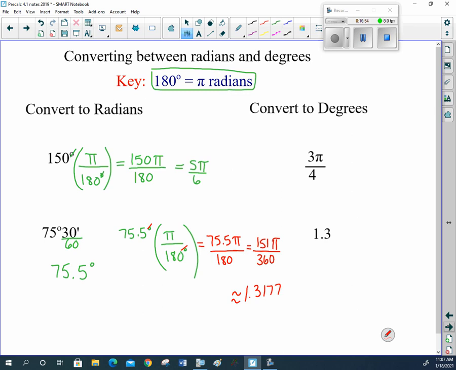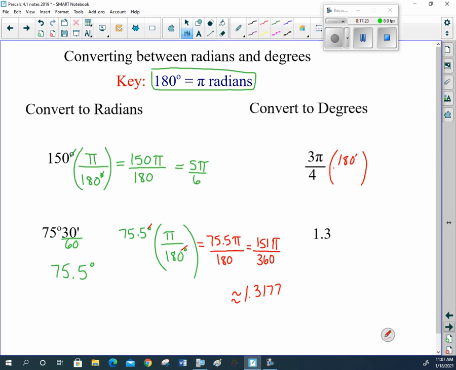All right, so here on the right-hand side, we're supposed to convert these to degrees. So 3 pi over 4 radians, that's in pi radians. So if I'm going to convert that, once again, my ratio is 180 degrees and pi. I've got to figure out which way to put them in. Well, since I've got a pi in the numerator, I usually just think of it this way, guys. If you're going to degrees and you want degrees, the degrees needs to go in the numerator.